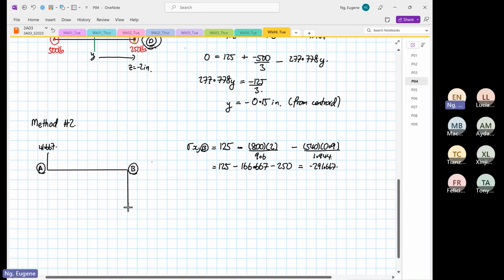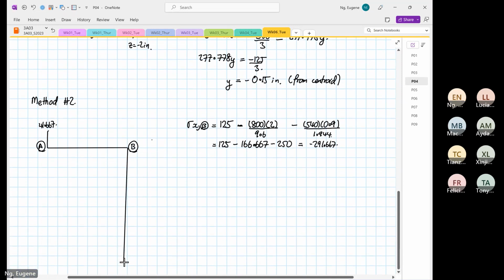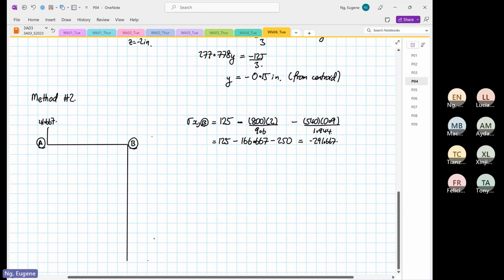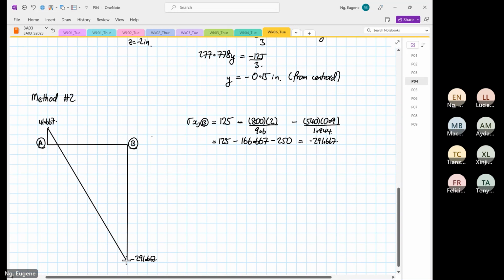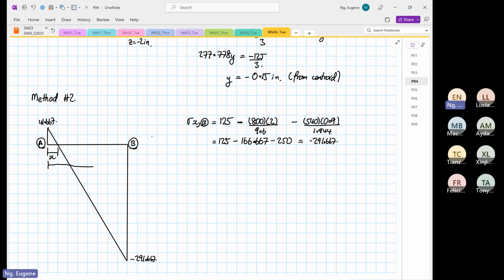So 50, 100, 200. So it's somewhere around here. Okay, so this is minus 291.667. So now if we were to draw a straight line from here to here, we have to find what is this position X. And we know the entire distance from here to here.